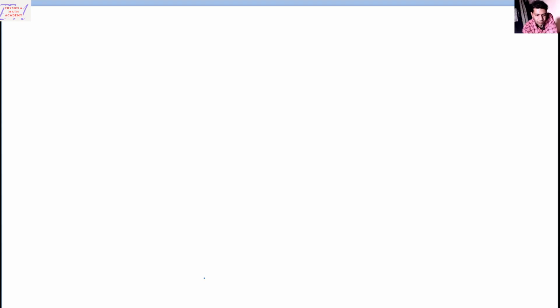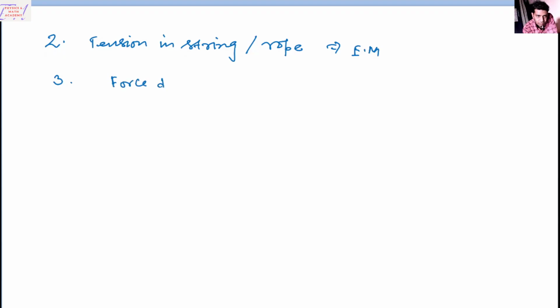Some other examples you can easily see: tension in a string or rope. The same things happen, that electromagnetic force acts here, and force due to a spring.